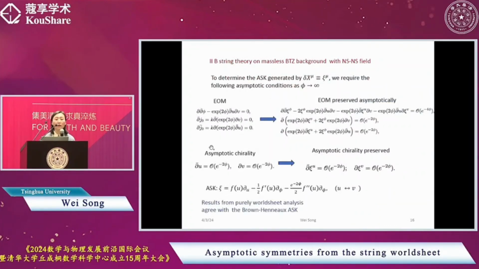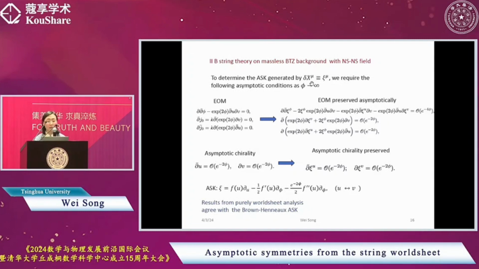So we can write down the equation of motion of the worldsheet and write down the constraints on the worldsheet. And the requirement is as follows. We consider some diffeomorphism in the target spacetime generated by a vector in the target spacetime, of course.